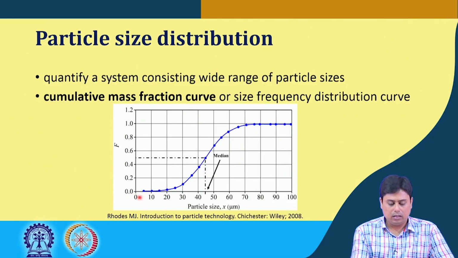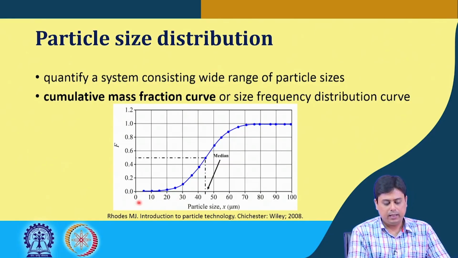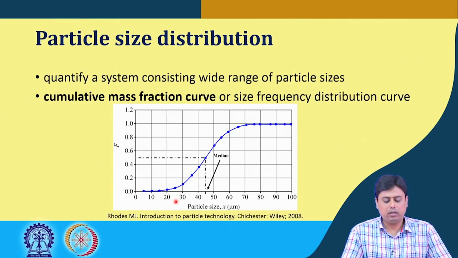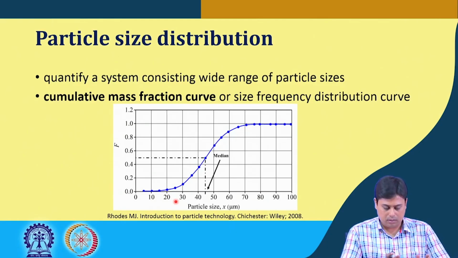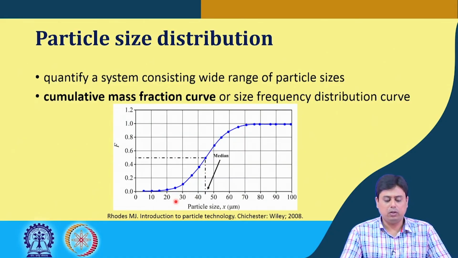Now, this curve shows that you take a certain particle size, and for the particles below that size you find the mass fraction, and you start plotting those values.